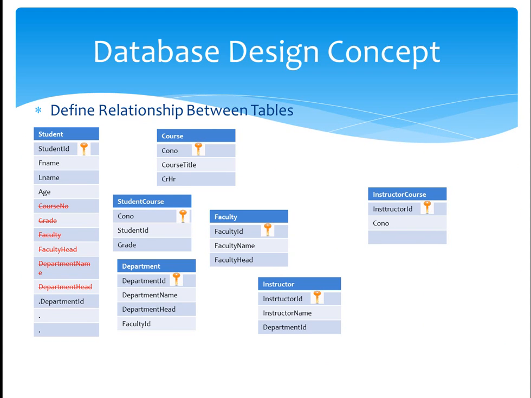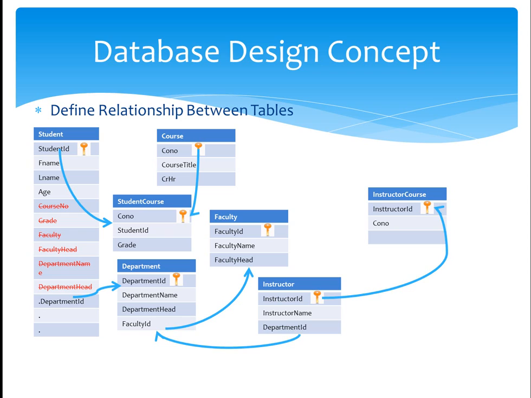After having this, what we should do is create relationships between tables. How can we relate a student with student course? This ID number must be the same as this one. Unless you have a student, it is impossible to register or to give a grade for a student. So you must first have student information so as to give a grade. You must have a course number in order for the course to be taken by a student. And the same is true for department ID.